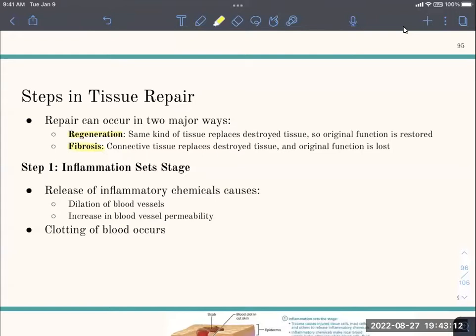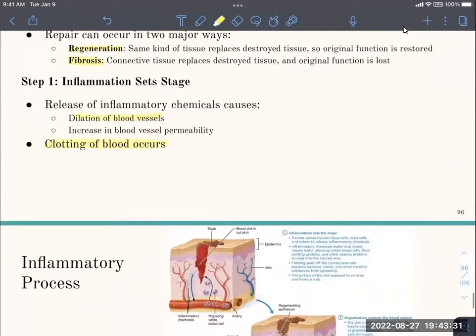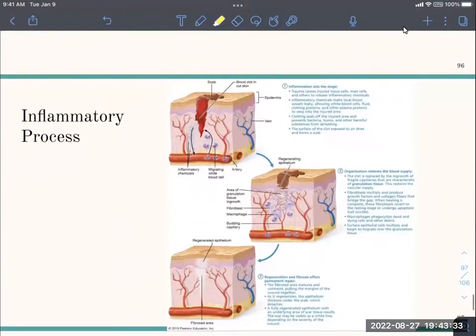When inflammation starts, our blood vessels dilate. That means more blood can come to the area. We need more blood because our blood is how different things get transported to that tissue repair. That's what causes clotting to occur. So if we look at the first picture, inflammation. These mast cells notice, oh, there's a big cut in the skin.